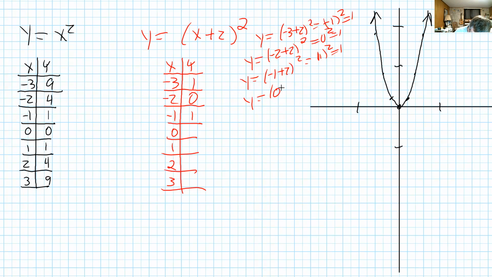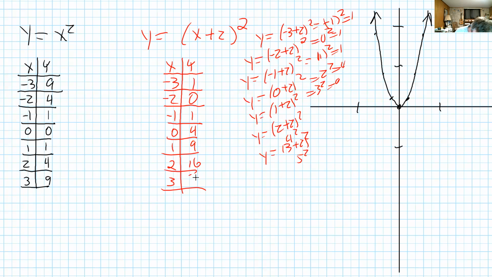Y equals 0 plus 2 squared is 2 squared is 4. Y equals 1 plus 2 squared is 3 squared is 9. Y equals 2 plus 2 squared, which is 4 squared, which is 16. And y equals 3 plus 2 squared, 5 squared, 25. Okay.